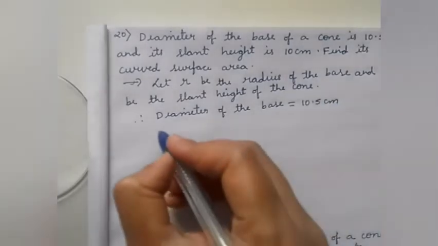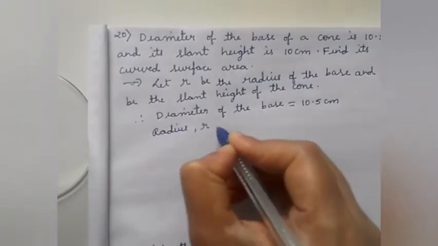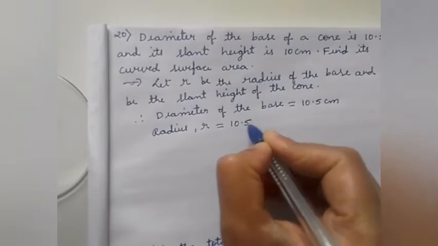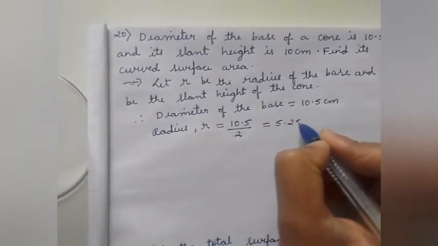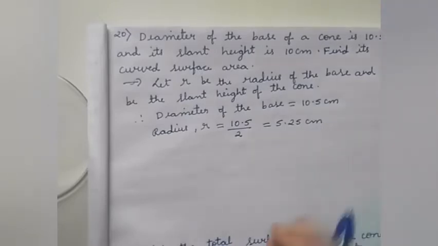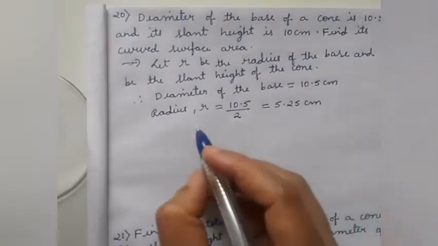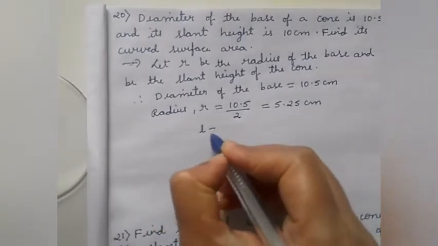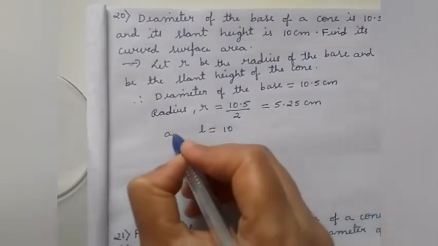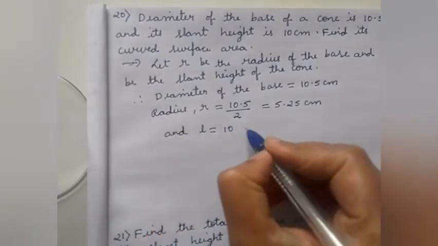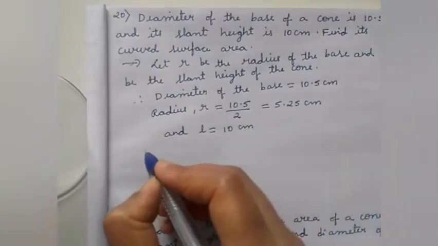If the diameter is given, we know the radius r is equal to diameter 10.5 divided by 2, which is equal to 5.25 centimeter. So the radius is 5.25 centimeter. Then the slant height L is given, and slant height L is equal to 10 centimeter. We are asked to find the curved surface area.